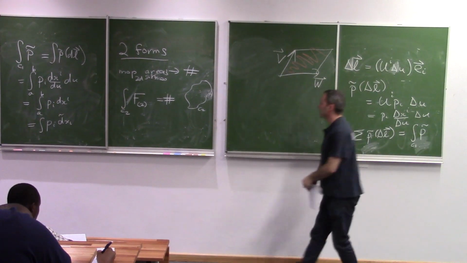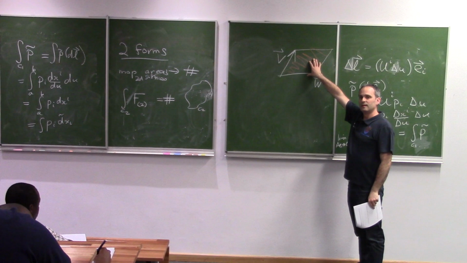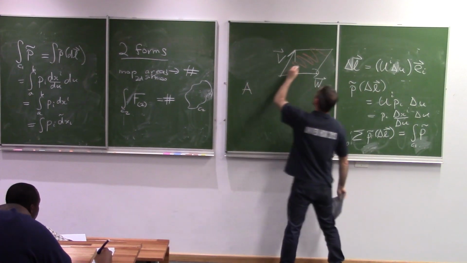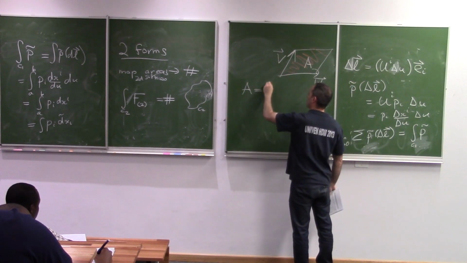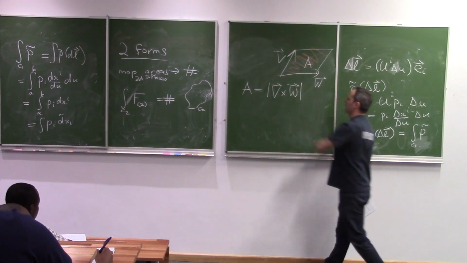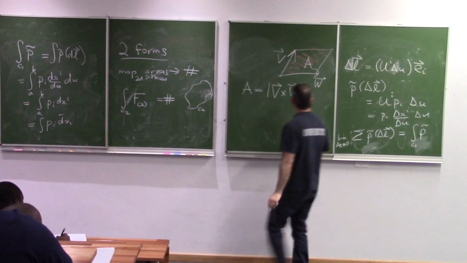Okay, in terms of those vectors, does anybody know what the area of that parallelogram is? It's the magnitude of the cross product. Okay, so this area, let me call that A, is equal to the magnitude of V cross W, and it's very easy to see that.